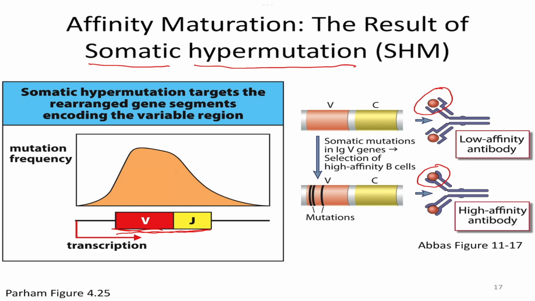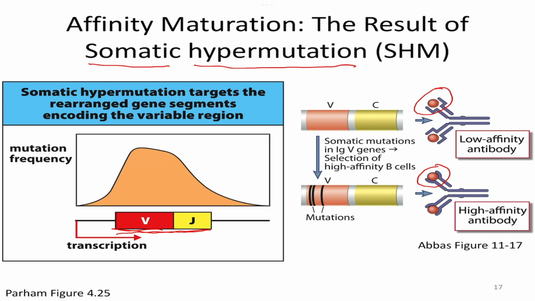And so we're going to have higher affinity. The affinity has improved or adapted, because this is adaptive immunity. And so we sometimes refer to this as affinity maturation, the idea that the affinity has matured or gotten better. So affinity maturation is what happens to the antibody as a result of somatic hypermutation happening to the gene.